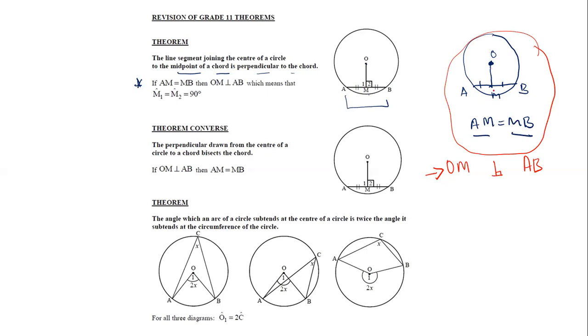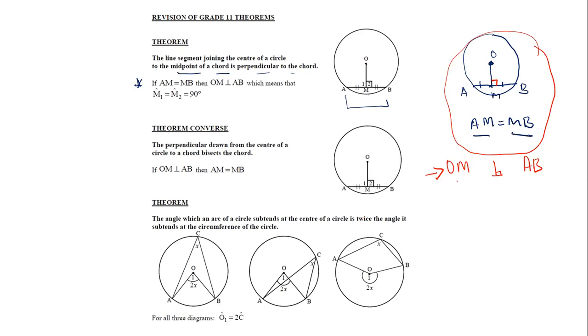If a line from the center cuts chord AB into two equal parts, that means OM will act perpendicular to AB. This theorem states that, and it's what you're supposed to know. Knowing this theorem, you will be able to apply it when solving different questions. You will see how. You just need to understand the theorem, how it unfolds.